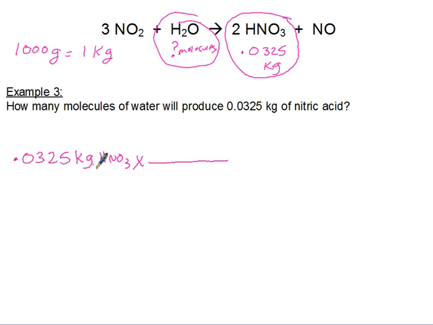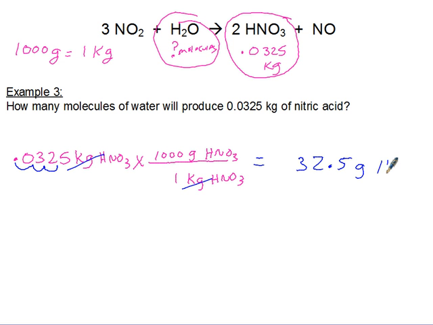So kilograms is here, so we're going to put 1 kilogram at the bottom, and 1,000 grams on top. So we've converted here to grams, and that's going to end up being 32.5 grams. Now we've gotten to a nice starting point.